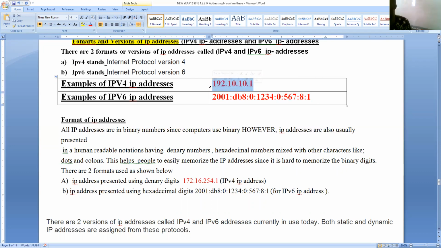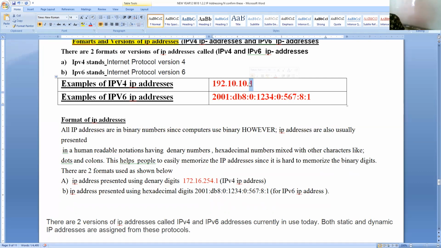3. Very good. I think 3. Count: 1, 2, 3, and 4. It has got 4 parts. Are you there? Yeah. So IPv4 has got 4 parts.